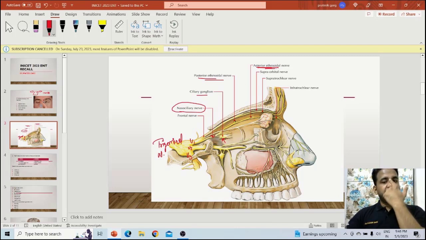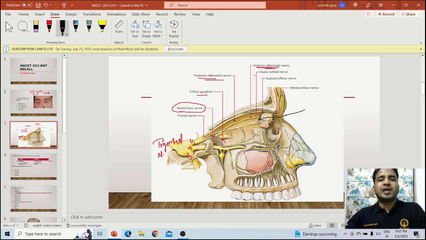So whenever we are doing surgery of the nose, suppose there is a nasal bone fracture, or we have to do rhinoplasty or something like that, what we can do is inject the anesthetic drug around 1.2 centimeter deep from the outer surface, and we directly put the anesthesia drug to anesthetize mainly the nasociliary nerve.